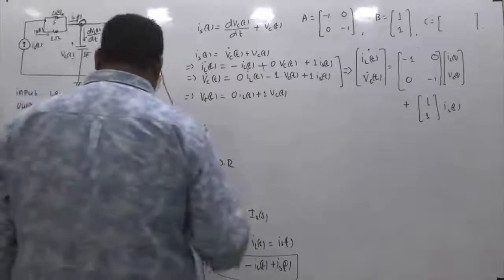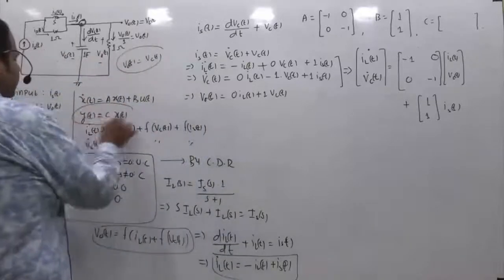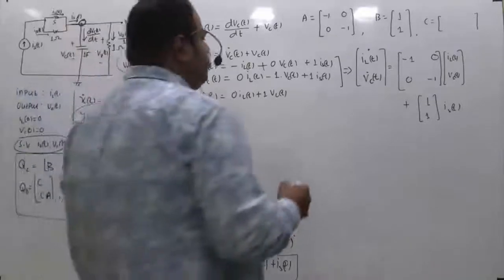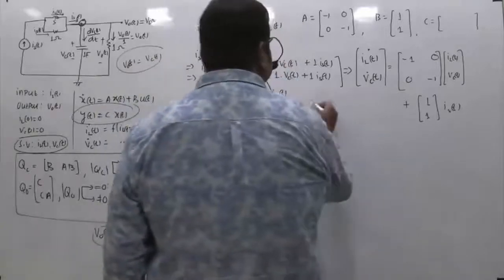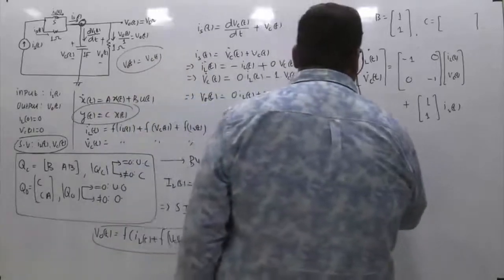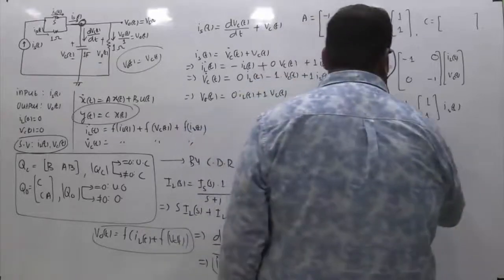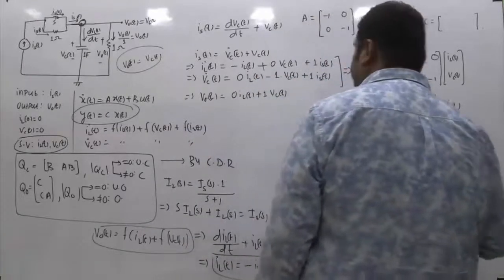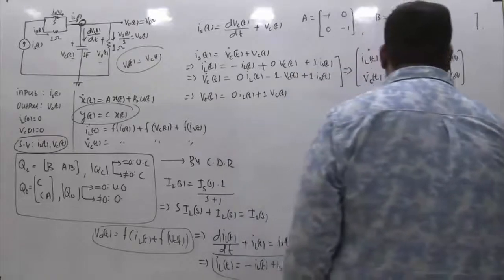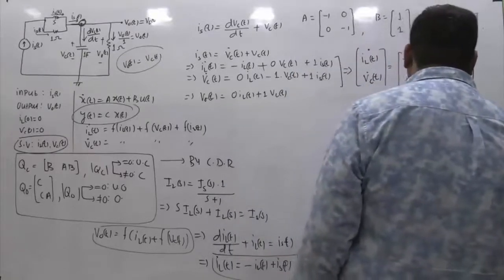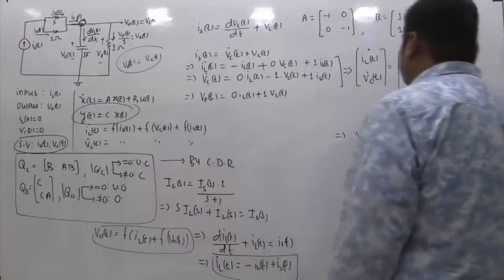So if you compare this with the y equal to Cx equation, the matrix appearance of this equation is V naught of t is equal to 0 and 1 times IL(t) and VC(t).